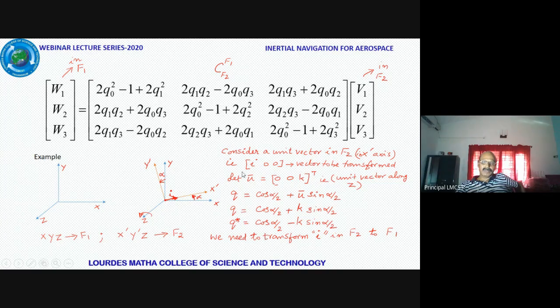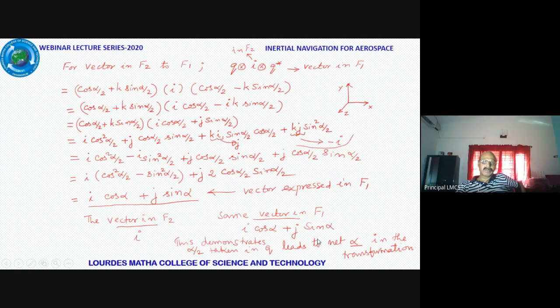Now we need to transform this I vector in F2, X', Y' is my F2, to F1. So now I have Q star, and then my I. All three are required to do this transformation. So this is Q into I into Q star.